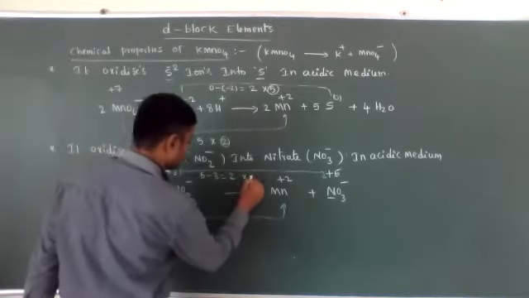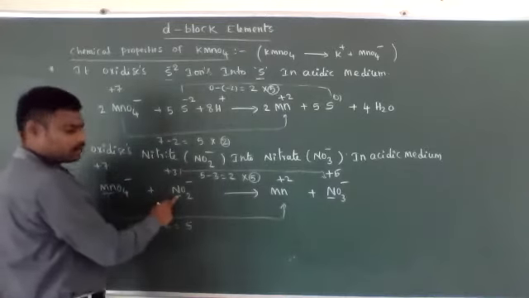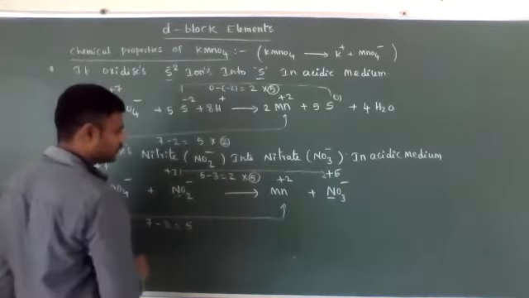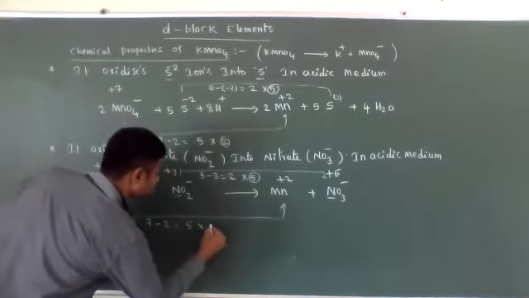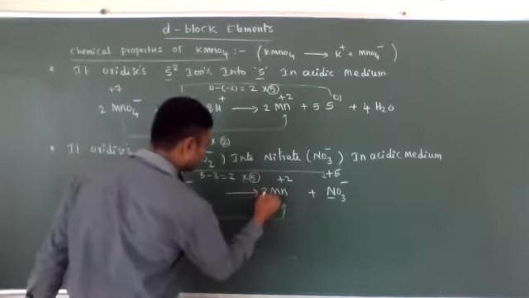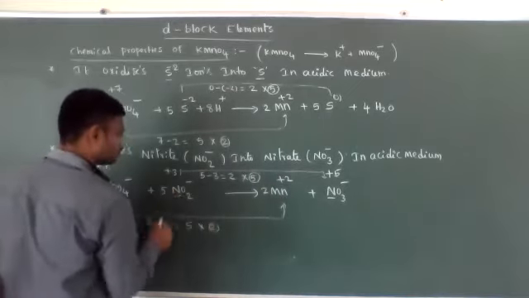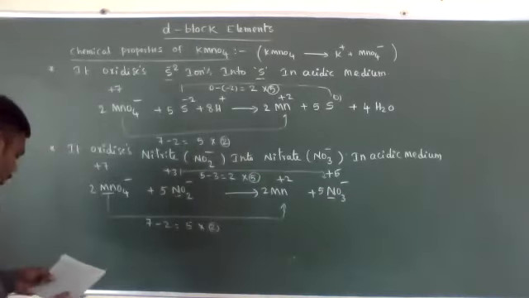So the above equation, this half reaction, is the oxidation reaction, we need to multiply with 5. This reduction reaction we need to multiply with 2. Then 2 moles and here 2 moles, and here 5 moles and here 5 moles. Next we need to balance oxygen atoms.